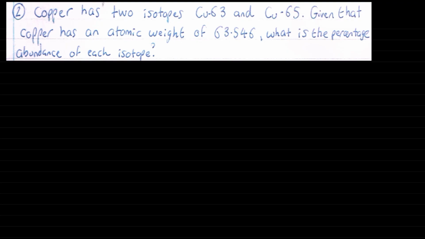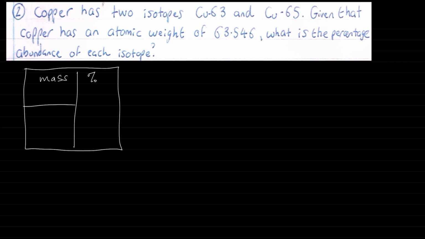Again, let's draw a table. So we got mass, then we have percentage. The first mass is going to be 63, and its percentage is going to be x over 100. The second one will be 65, and the percentage will be 100 minus x over 100.